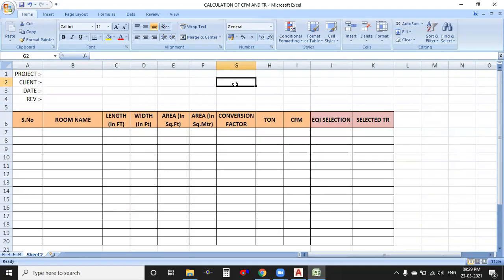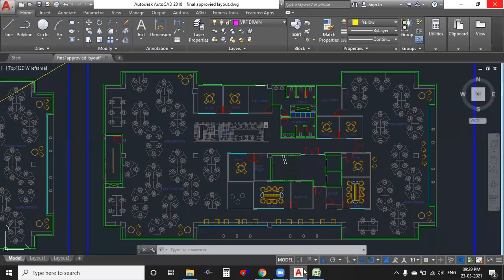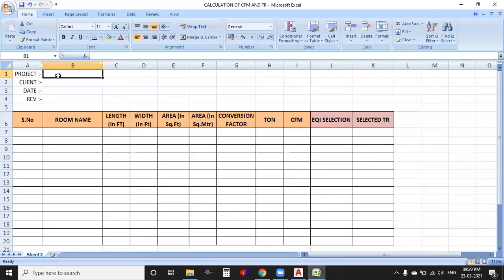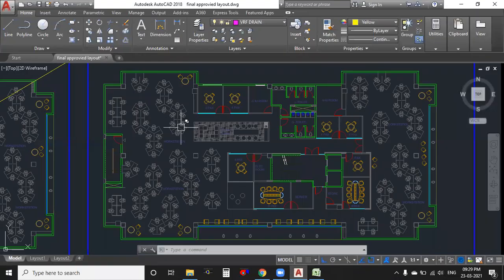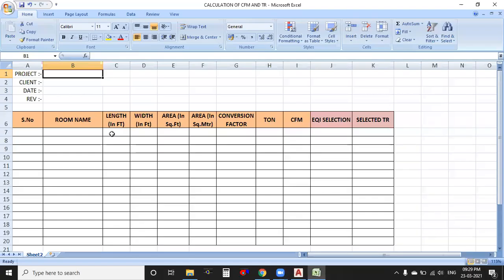This is how we have to work. Project means, let's say, I'll show you this one. Client will be Asian Paints. Project means building name. So this is an office building, I'm giving here.